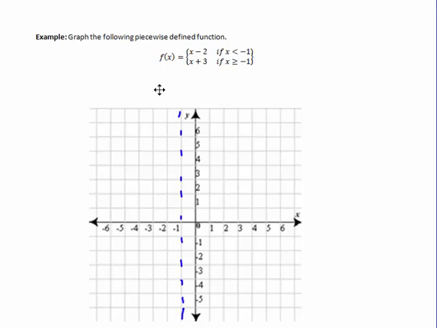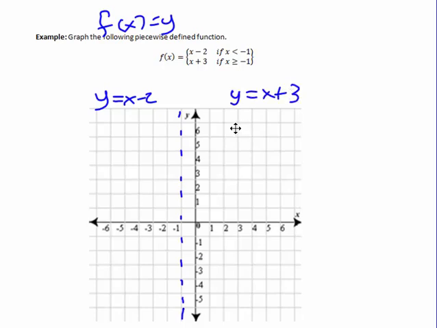The left side, all the x values that are less than -1, so here at -1, all the values that are smaller than that, they're going to follow this y equals x minus 2. Notice how I use y equals instead of f of x equals, because f of x is the same thing as y. I'm going to try and say that as much as I can this year, just so we're familiar. So y equals x minus 2 is the graph that I'm going to have on the left side. On the right side, I'm going to have y equals x plus 3.